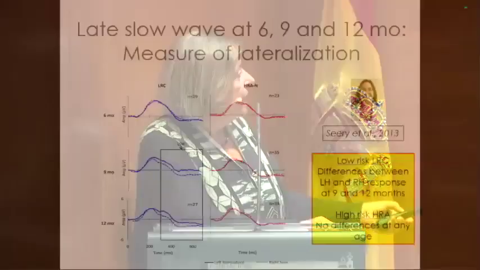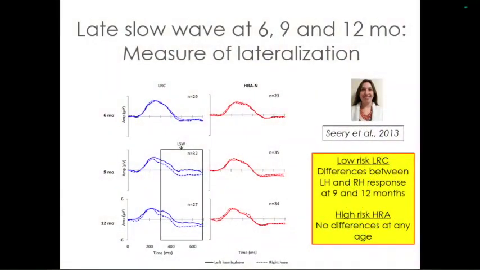And what you see here on the left, at the top is 6-month-olds, 9-month-olds, and then 12-month-olds at the bottom. In blue are our low-risk controls, and on the right we have our high-risk babies, combined autism outcome and non-autism outcome. And what you see here in this box is that the low-risk controls, by 9 months, the dotted line is the right hemisphere, and the solid blue line is the left hemisphere, and we see that some asymmetry has emerged by 9 months and is maintained at 12 months.